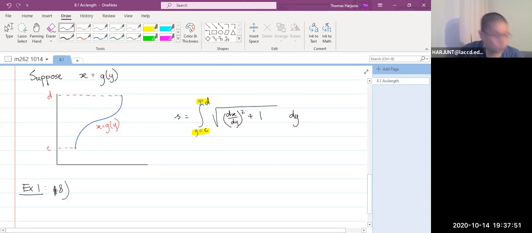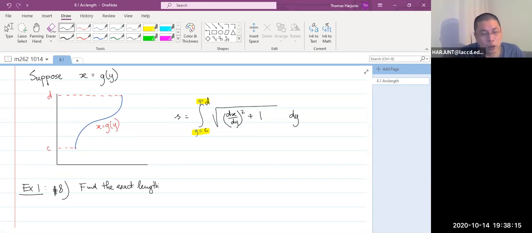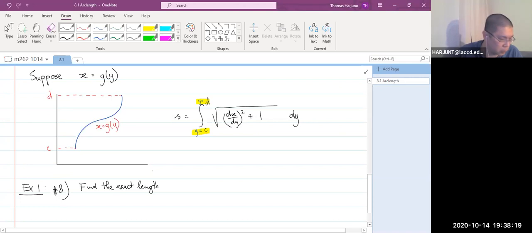Find the exact length of the curve. So don't do rounding. They don't need to say the exact length, they just need to say the length, and then you still don't round. If you need to give me a decimal, write the exact form first before you give me the approximated decimal.